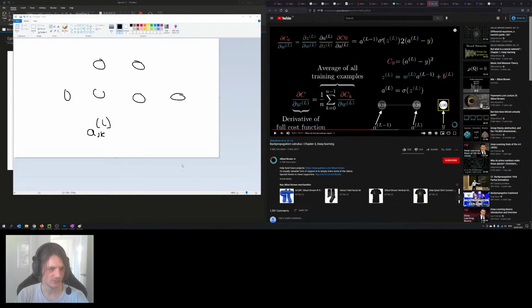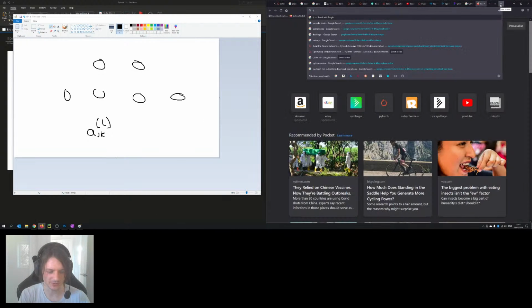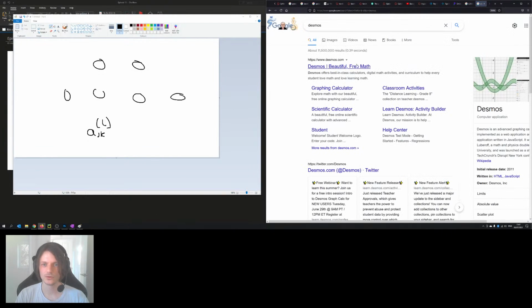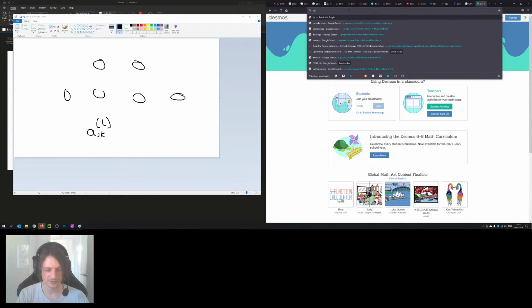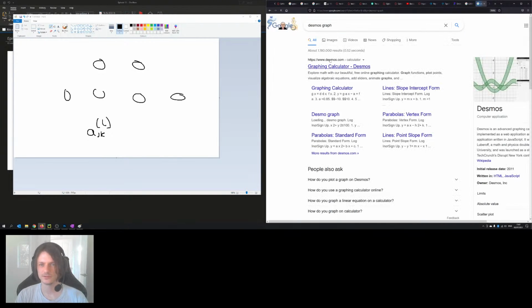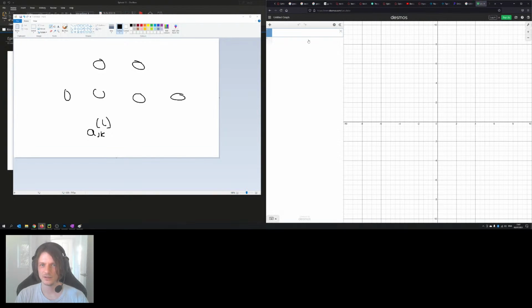Wait, can I just draw that? Let's get some Desmos here. Desmos! Oh, that's a sign up, I didn't know that. Desmos Graph. So if I go x equals 0, let's do minus 5 to 5, step of 1.